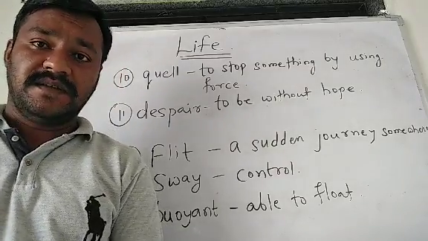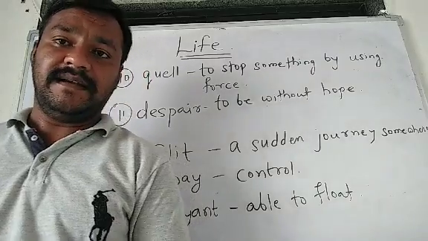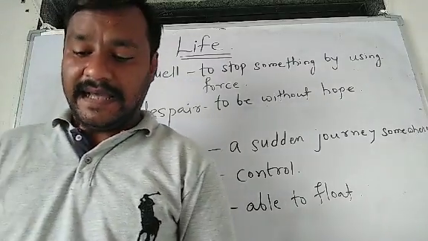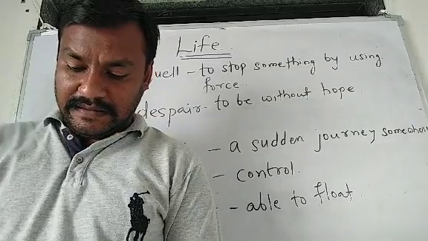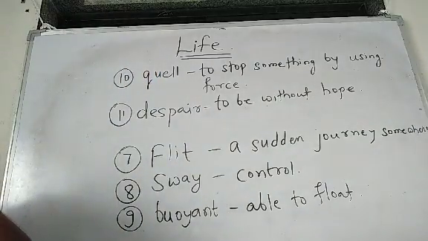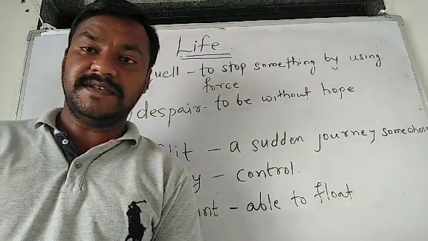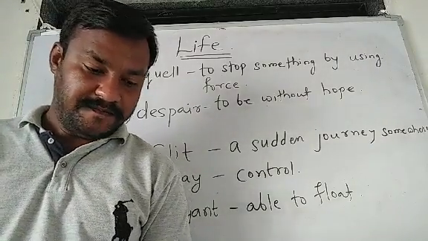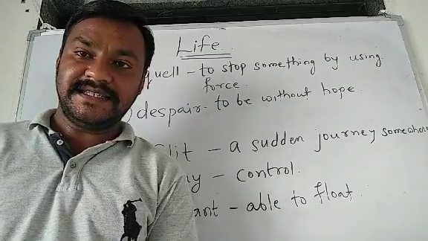These are some words which I feel to give you, and these words will definitely help you to get an idea about the poem and to understand it as well. So let's start our poem, friends.